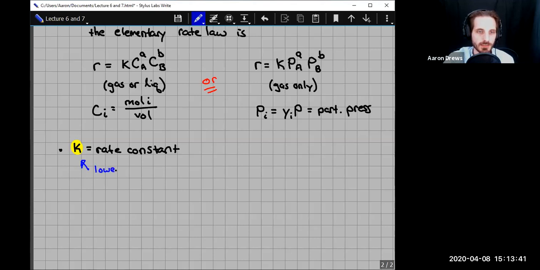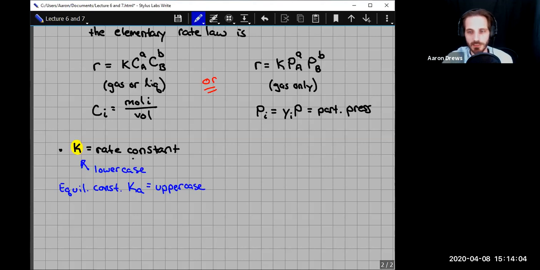So the rate constants are always lowercase. And the equilibrium constant, K sub a, is always supposed to be uppercase. But as you can tell, my two letters look virtually identical.